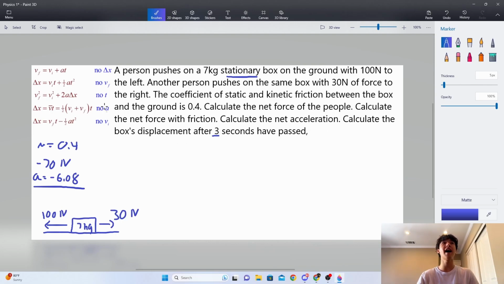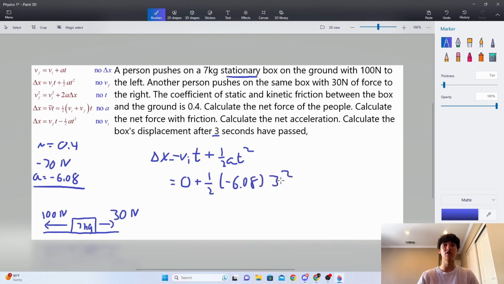So what do we not have? We do not have final velocity, so change in x is equal to v_i t plus 1/2 a t squared, and that is just going to be equal to, right, it's stationary, so 0 plus 1/2 times negative 6.08 times 3 squared, which is just 9.